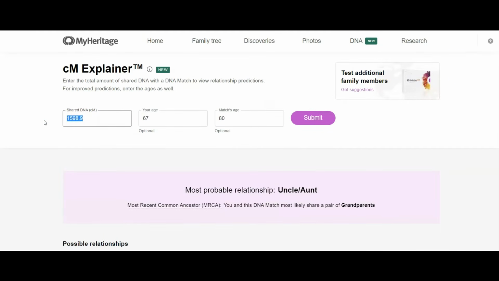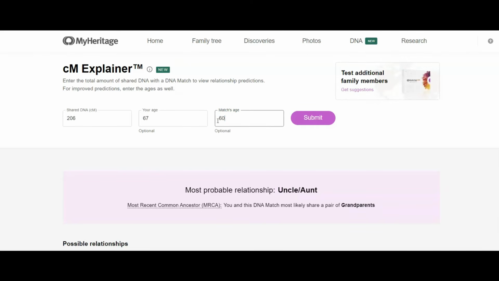In this case, the person has 206 centimorgans in common with me. Now, she doesn't list her age, but I can see she has a tree, and there are some dates in there, so I can do some math and figure out what's the possibility or probability of what her age is.